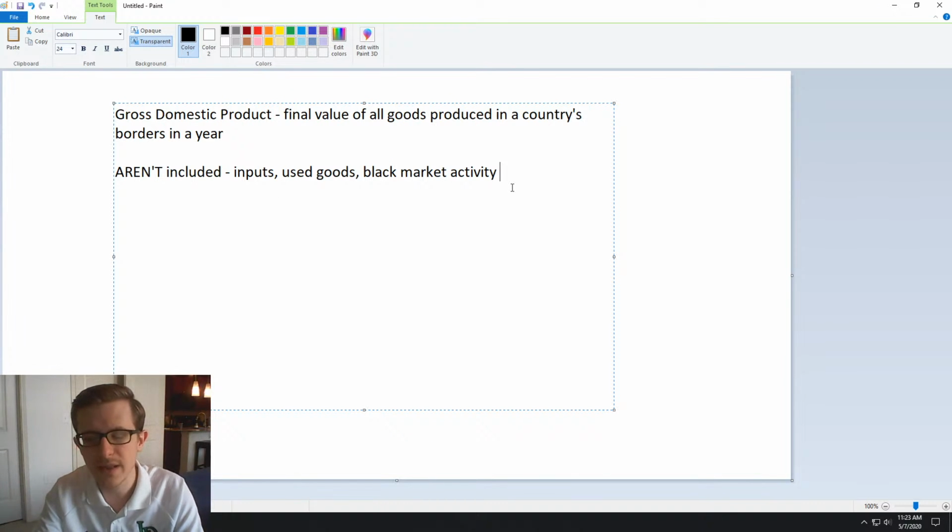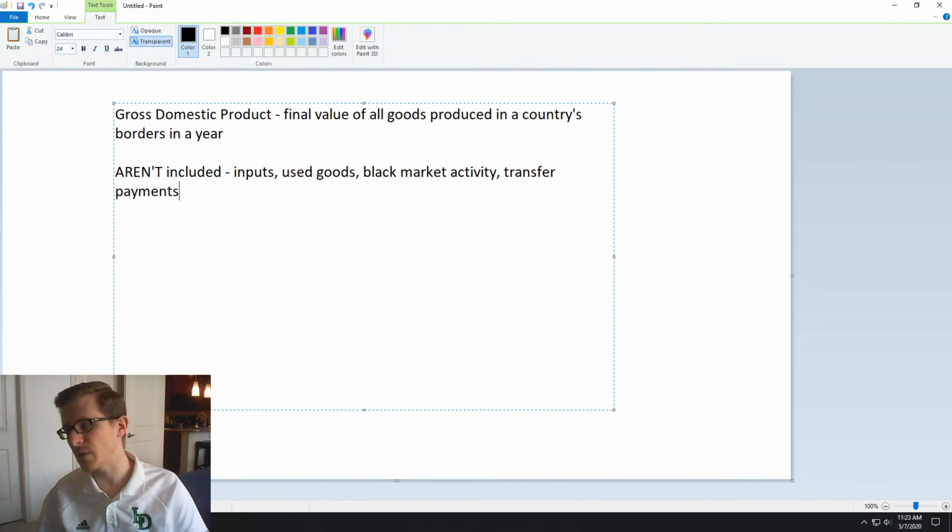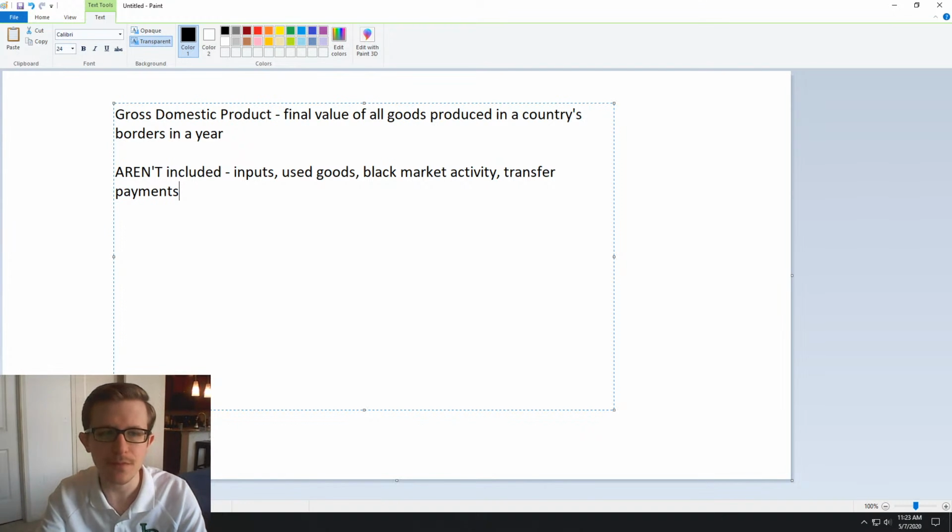So that'll be the big things. The other big one, especially for our course, is going to be transfer payments. They won't be included. I'll give you guys a second to think about what transfer payments are before we go into the formula here for GDP. So, that's right, transfer payments.